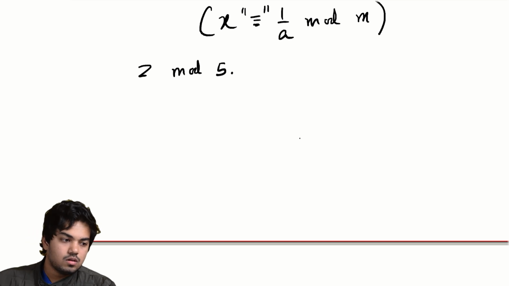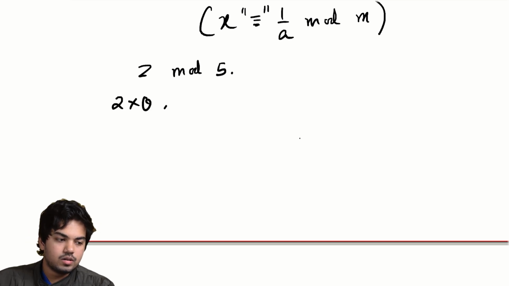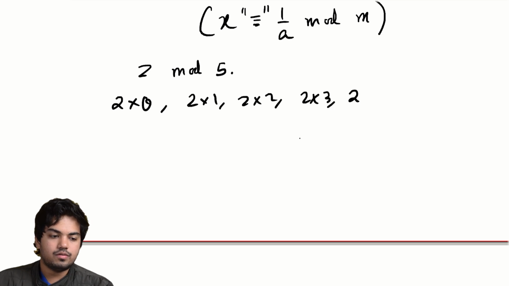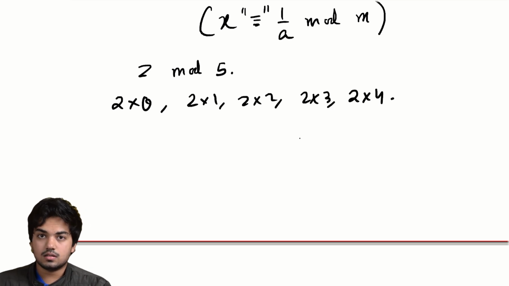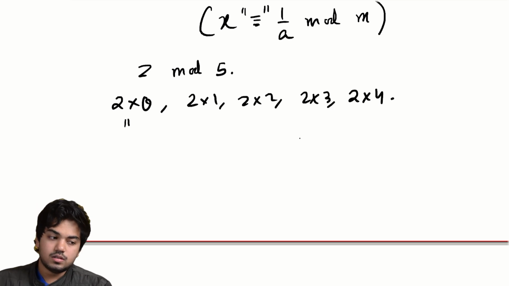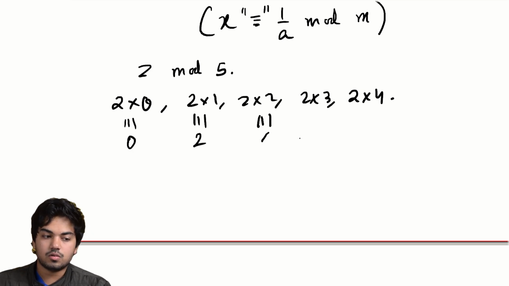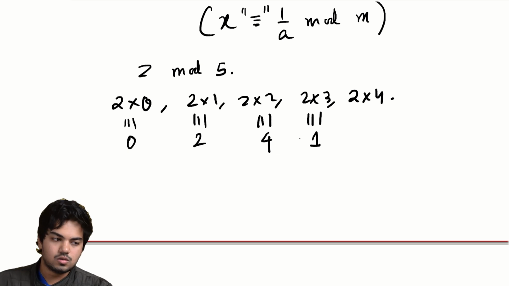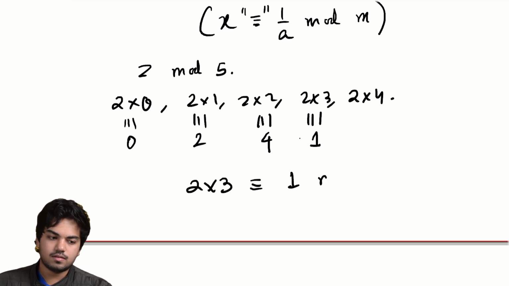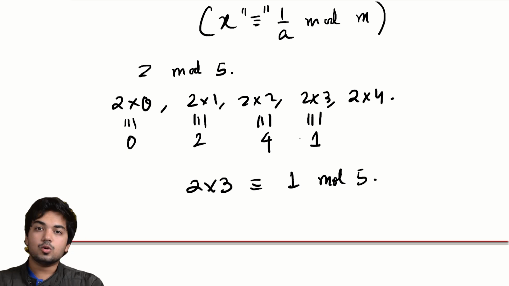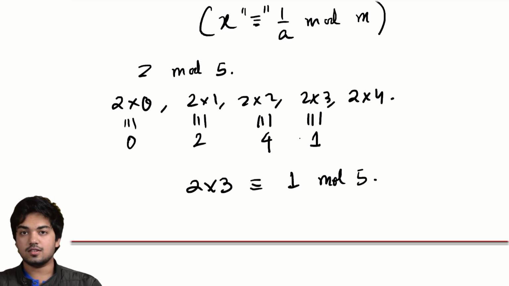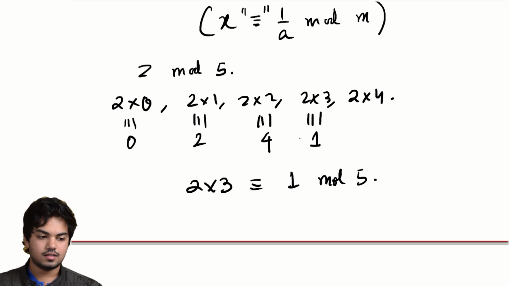So we can look at 2 times 0, 2 times 1, 2 times 2, 2 times 3, 2 times 4. Those are all the possibilities. 2 times 0 is 0 mod 5, 2 times 1 is 2 mod 5, 2 times 2 is 4 mod 5, 2 times 3 is 6, which is 1 mod 5. So 2 times 3 is congruent to 1 mod 5. So 2 is the inverse of 3 and 3 is the inverse of 2, right?